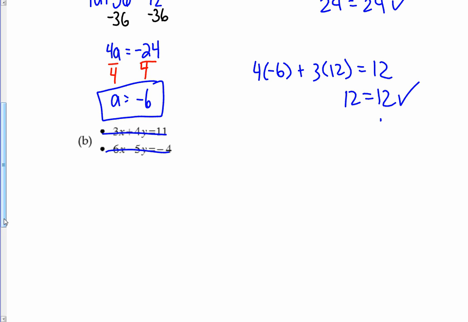Okay, make this 3 over 2x plus 2y equals 11 over 2.